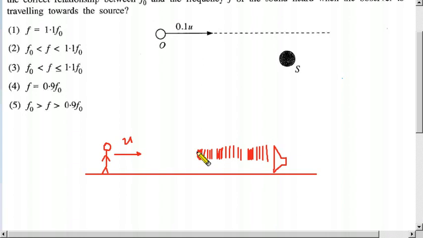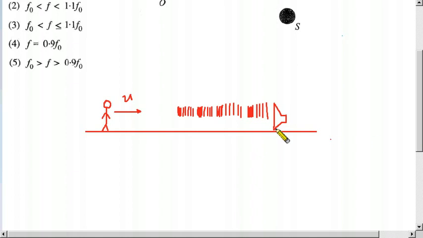You have to draw sound waves like this; you can't draw sound waves like this. The velocity of sound waves we normally take as v. The real frequency is f0.